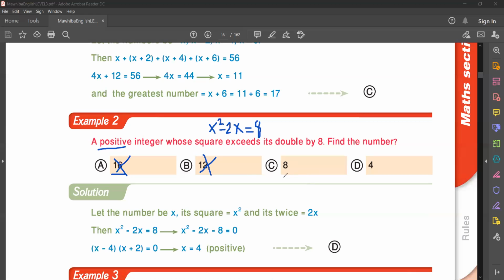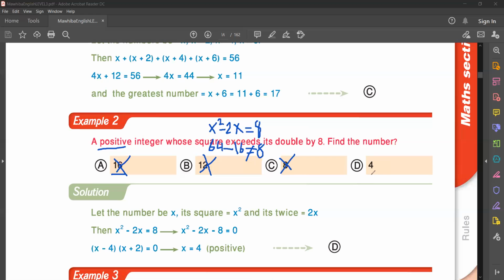Okay, try the number C. 8 squared will be 64 minus 2 times 8, which is 16. So is it equal to 8? No, it is not correct. So the third choice is wrong.